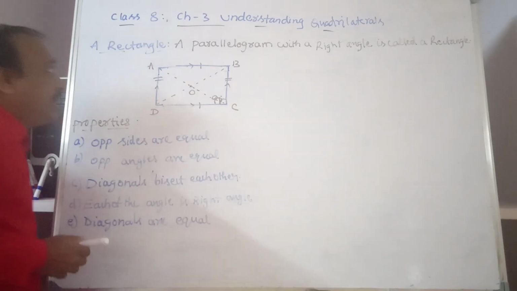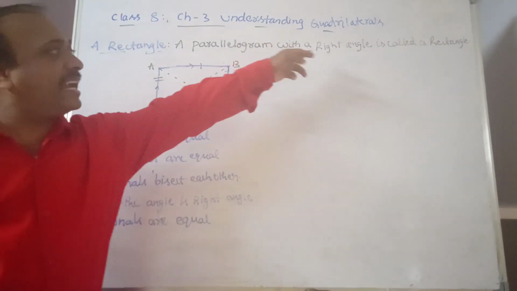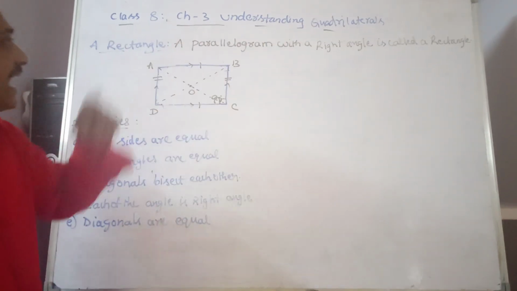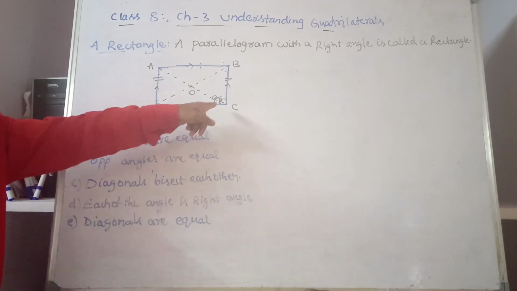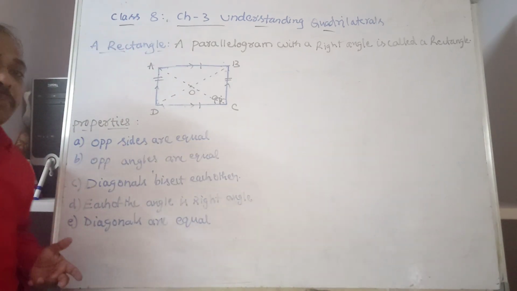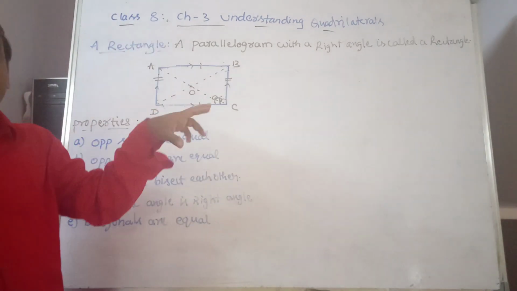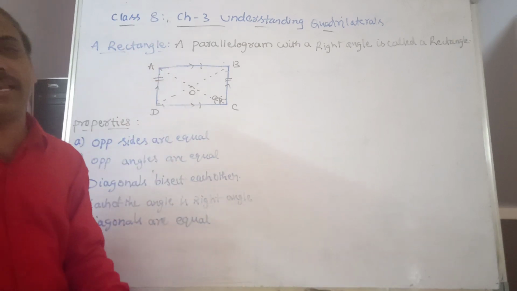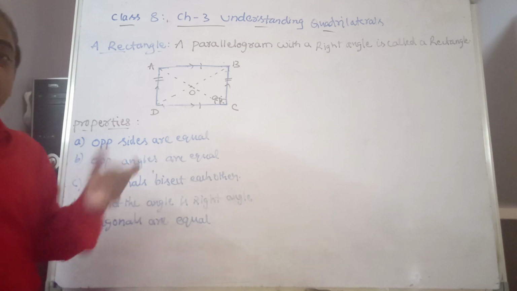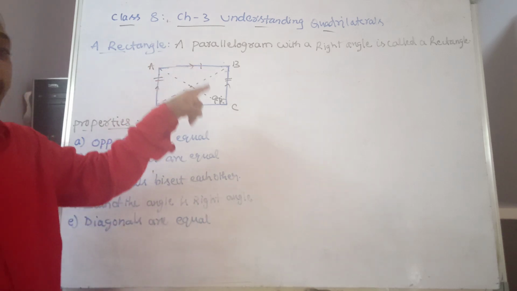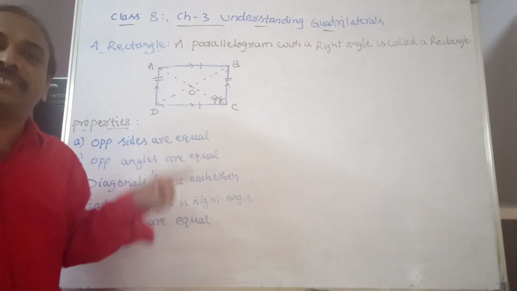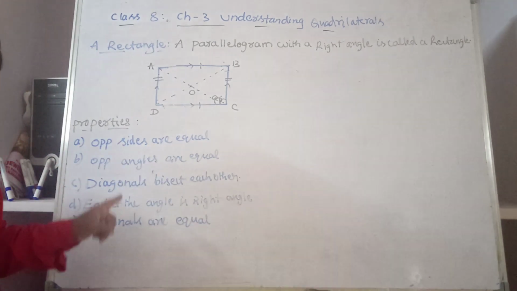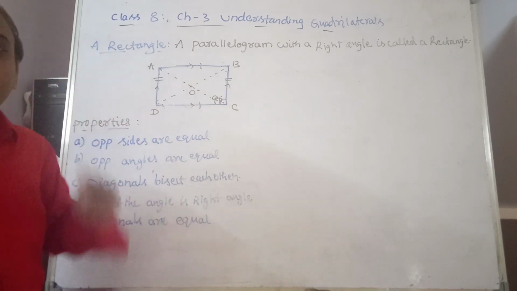So now you see, a parallelogram with a right angle, one angle 90 degrees, is called a rectangle. We know all the properties. Parallelogram means opposite sides are parallel. Because it is a parallelogram, all the properties of a parallelogram are applicable to the rectangle.